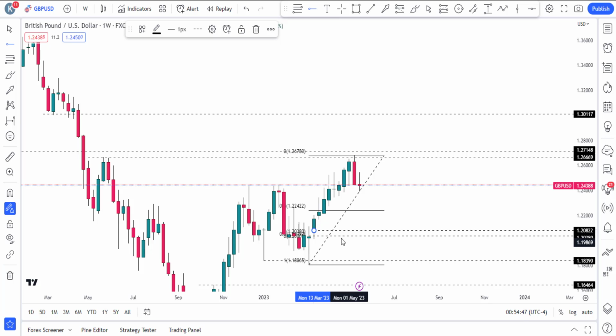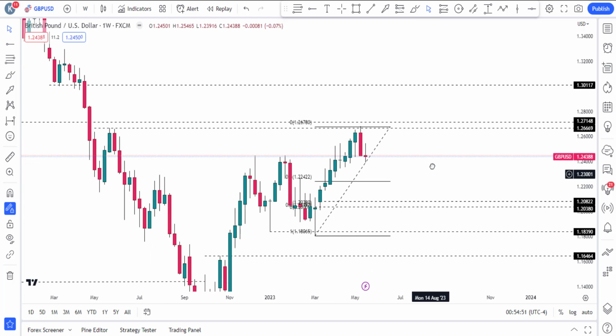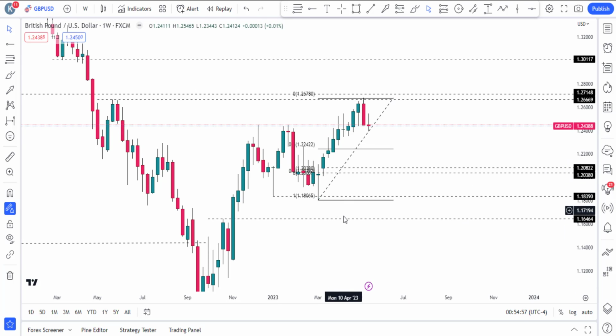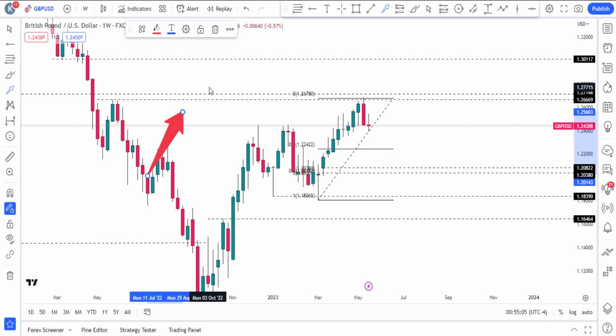And ultimately, if we are to expect a short-term bullish movement on the weekly, we want to see price come here. And for the meantime, we are ultimately bearish on the GBPUSD, because the dollar on the weekly is actually bullish. That means the GBPUSD will be bearish. They have an inverse relationship.